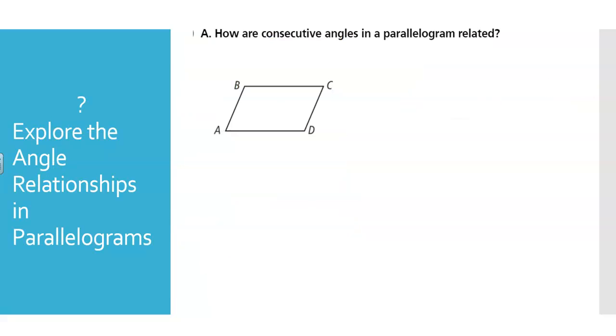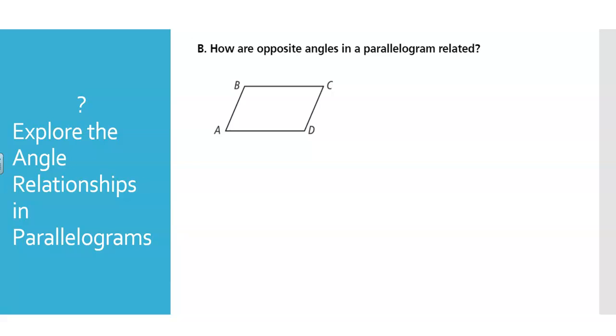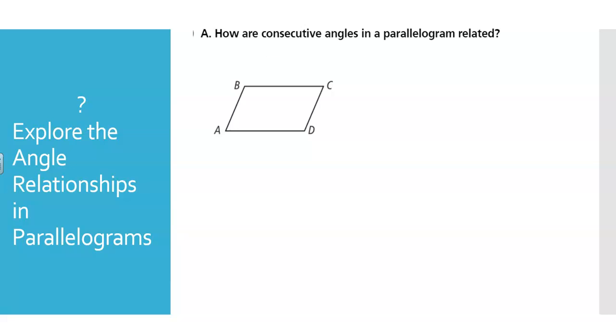Now, what do we know about angles in a parallelogram? Consecutive angles. Oh, sorry, I flipped that too fast. So these are parallel. This could be a transversal, right? And a consecutive angle is just angles that are next to each other. So A is next to B, so let's look at those.